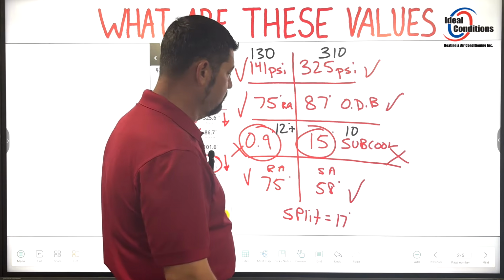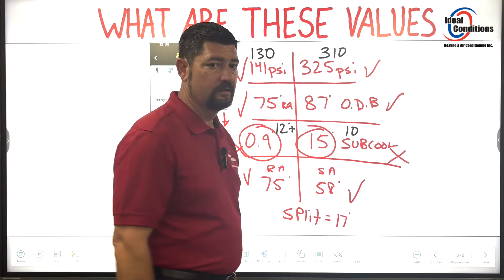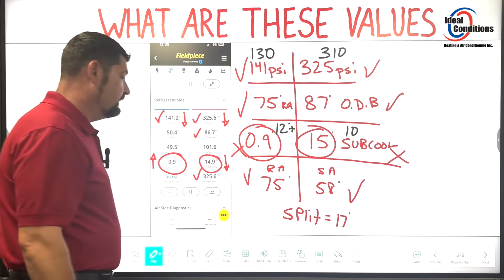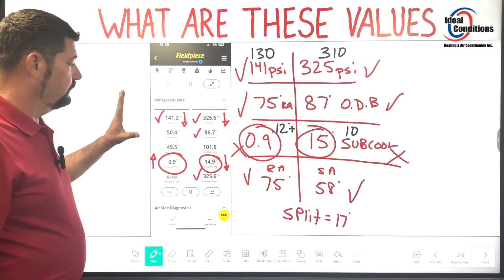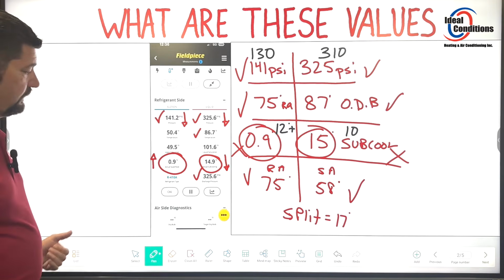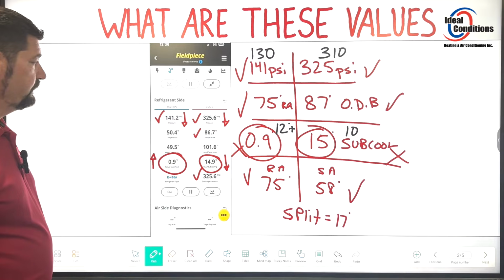If I'm good here, I'm good. And I might even still be at 17 when I'm done. Maybe I'm at 18. Who knows? But at the end of the day, this is one of those complicated ones that could throw us into a loop.